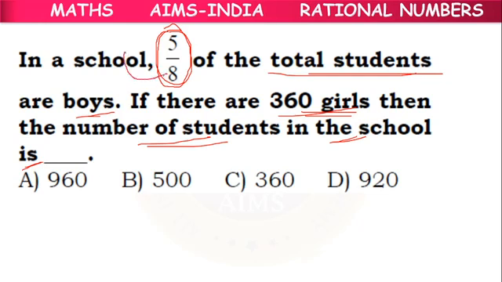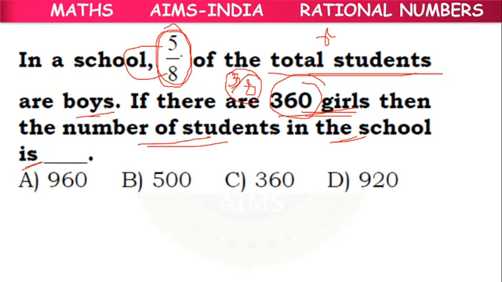Out of 8 parts, 5 parts are boys, so the remaining part will be 3 by 8. 3 parts out of 8 parts will be girls, which is equal to 360. Then we have to find the total students. Let the total students be x.